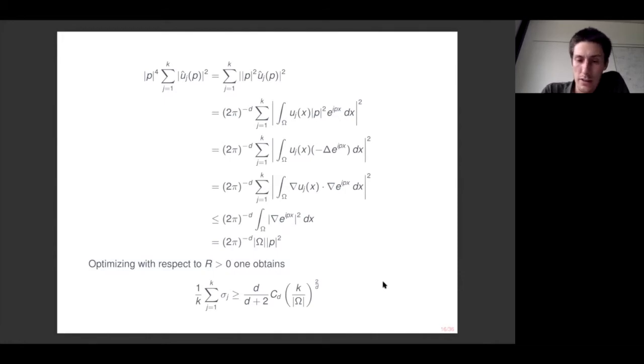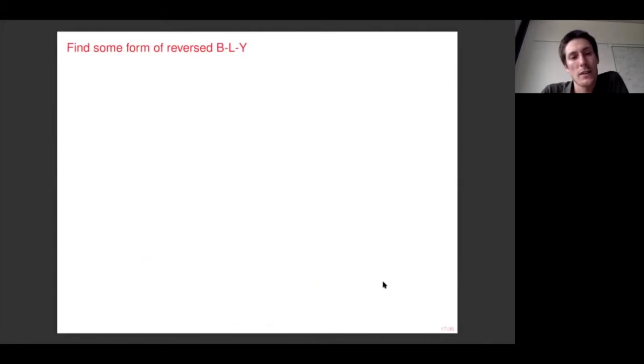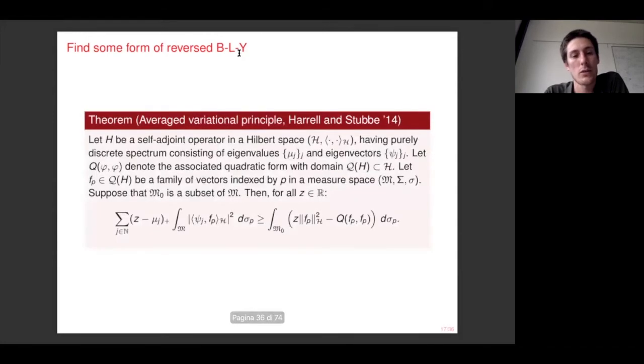And a first simple result: we want to find some form of reversed Berezin-Li-Yau inequality, and the tool that we want to exploit is the so-called average variational principle, which is due to Harrell and Stubbe.